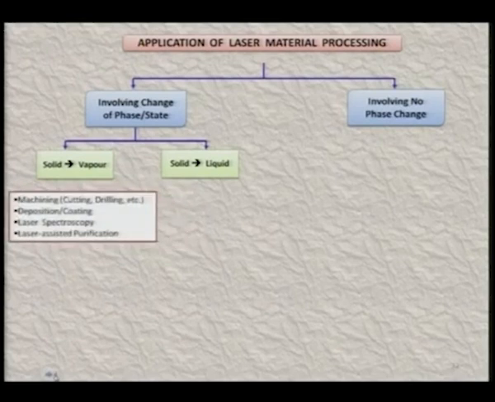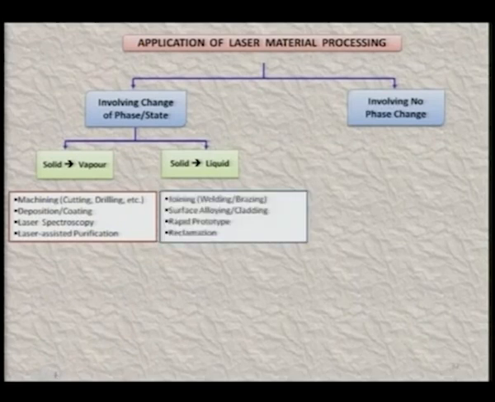Now, solid to vaporization, which normally also involves the liquid phase, includes the various processes of manufacturing just like machining. Machining involves creation of different kinds of features like cutting, drilling, milling, etc. Then deposition or coating, laser spectroscopy, laser assisted purification of the material.